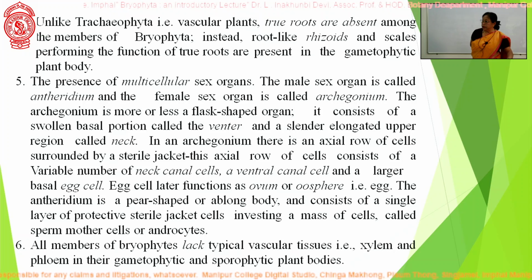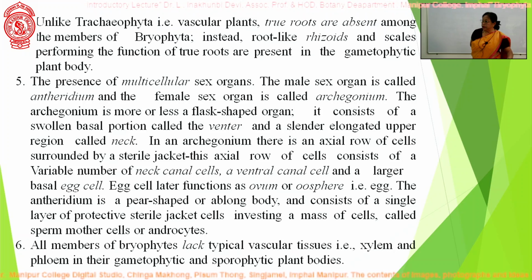The development of this embryo takes place within the venter of the archegonium. The venter of the archegonium is the bulging portion of the archegonium with the developing embryo, and the basal portion of the archegonium enlarges to form a protective envelope, which is called the calyptra.